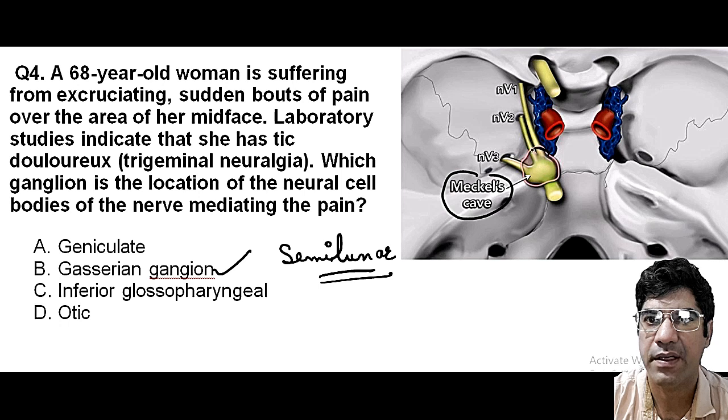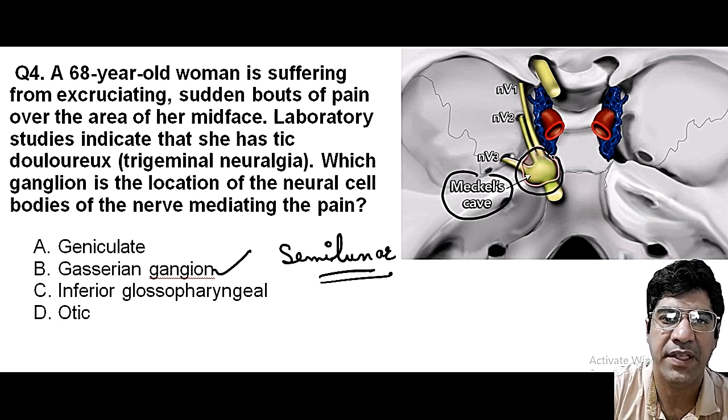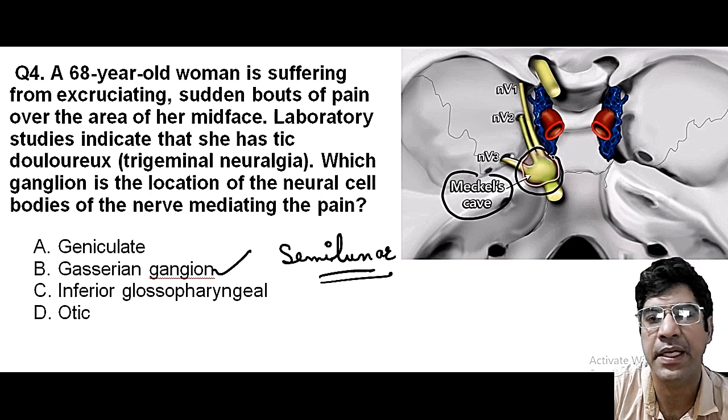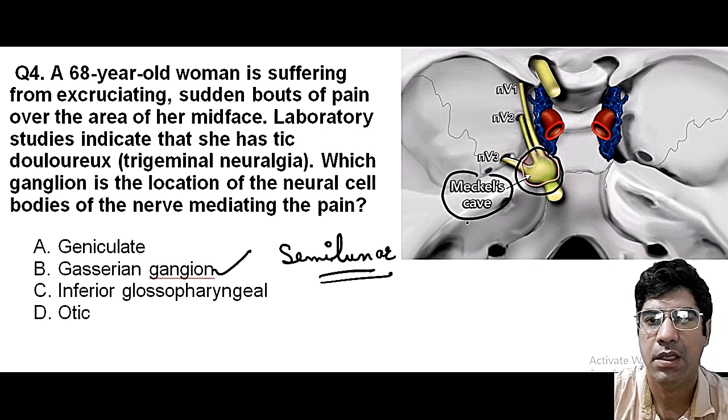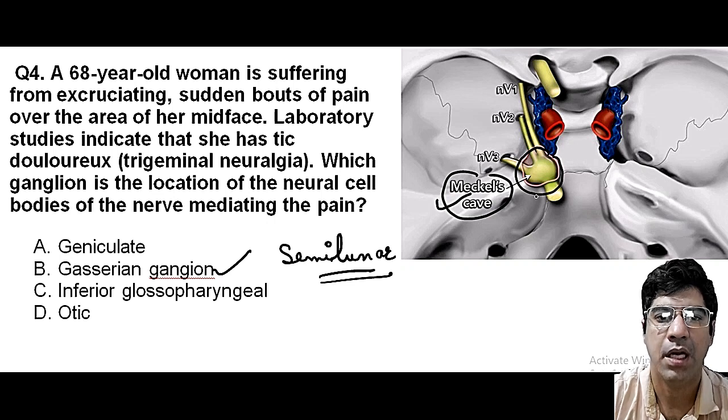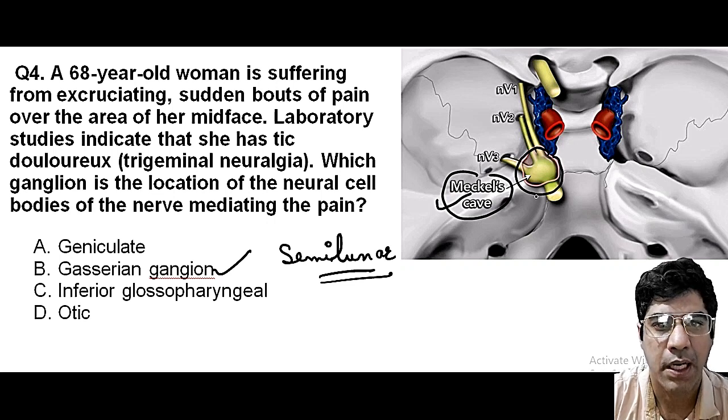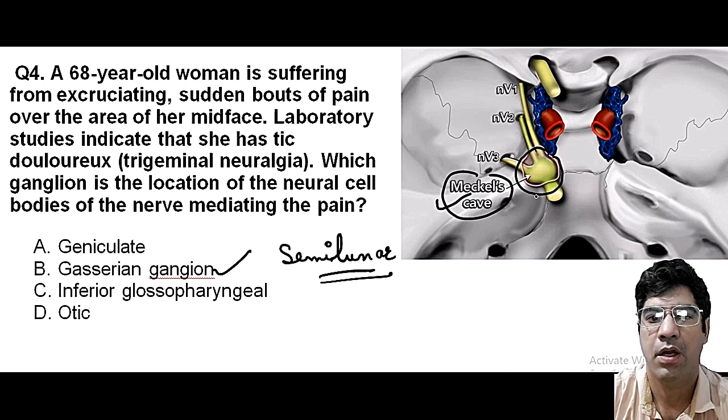This cave serves as a protective enclosure within the skull, and it is situated near the base of the skull. The ganglion associated is the Gasserian ganglion, or trigeminal ganglion, or semilunar ganglion.